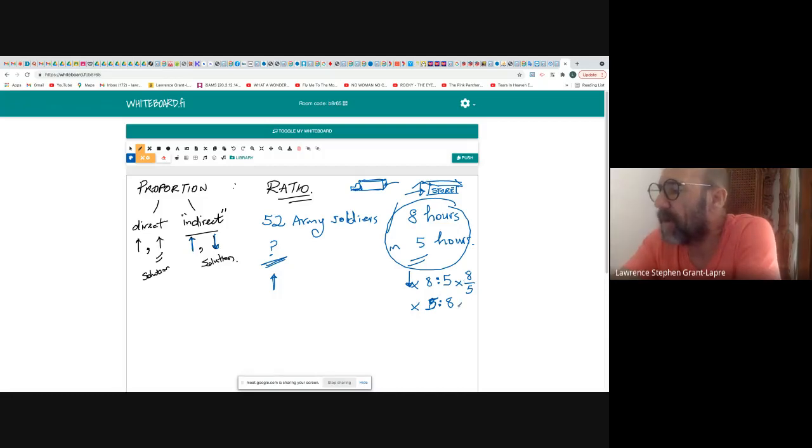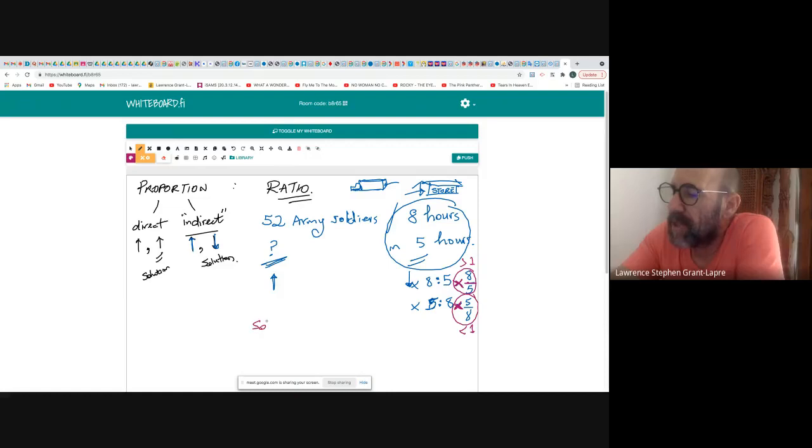When you multiply by a number bigger than 1, your answer will get bigger. When you multiply by a number which is less than 1, then your value will get smaller. So whenever you multiply something by 5/8, you will reduce the answer. If you multiply something in the ratio of 8:5, you will get a bigger answer. So which of those two fractions are we going to use?